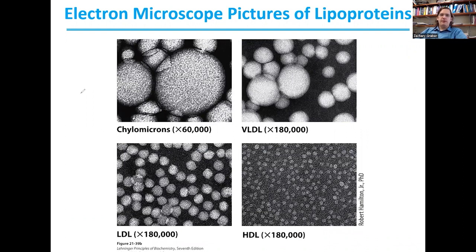So our chylomicrons, one of our lower density particles, are the largest. VLDL particles are also quite large, whereas our LDL and HDL particles are much smaller, right? So they have less of those low density fats, and much more of those higher density proteins and cholesterol.